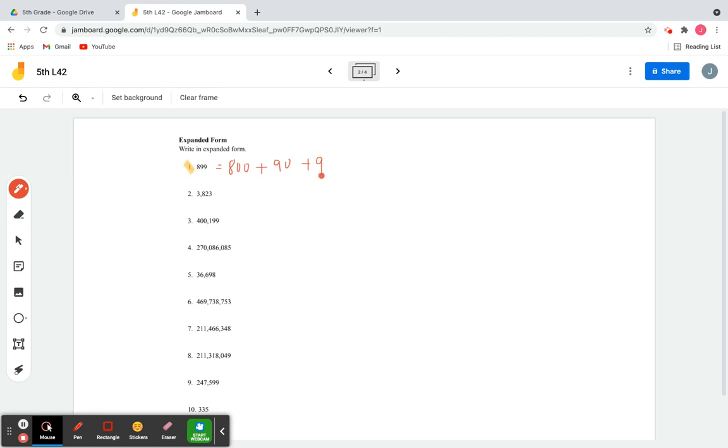And now I'm going to expand this more. So 800 is the same as 8 times 100. And then we have 90, and 90 is the same as 9 times 10.